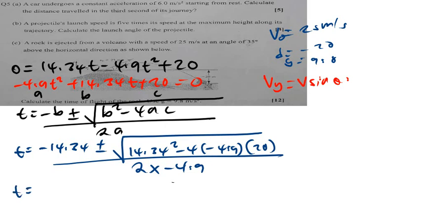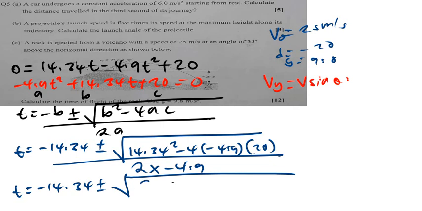So T will be equal to negative 14.34 plus or minus, in the brackets there, 14.34 squared is giving me 205.64.